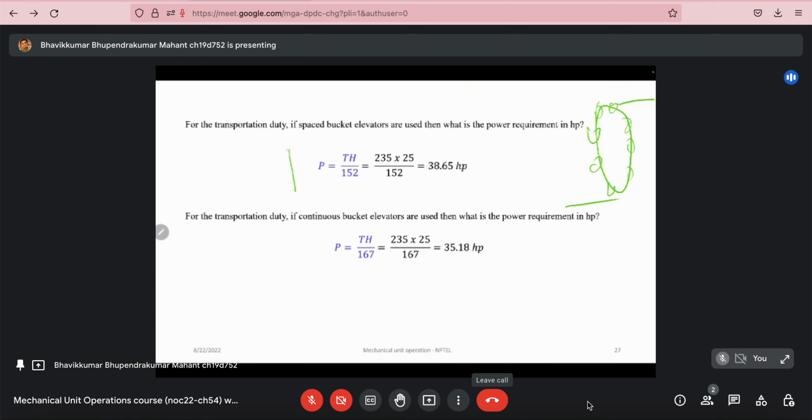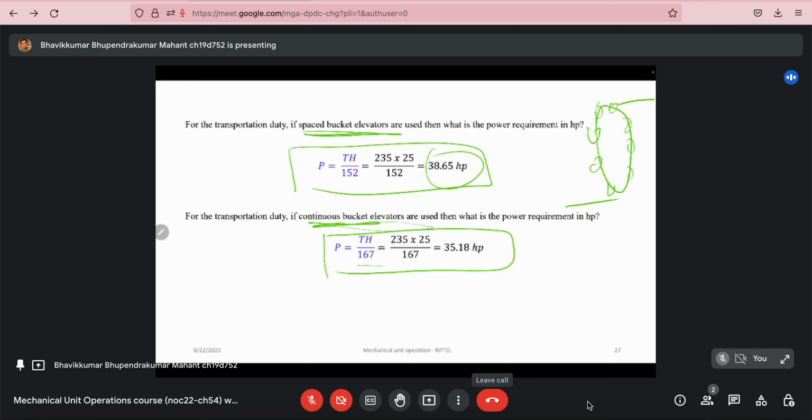There are two different types of bucket elevator: one is a spaced bucket elevator, and another is a continuous bucket elevator. For the spaced bucket elevator you can use P equal to TH by 152. You just put the values and you will get a power of 38.65 HP. For the continuous bucket elevator, we use TH by 167, which gives 35.18 HP.